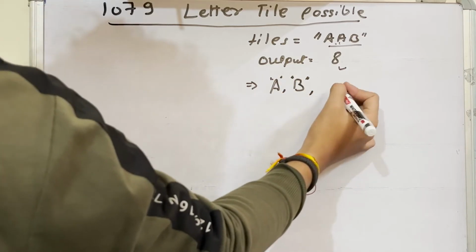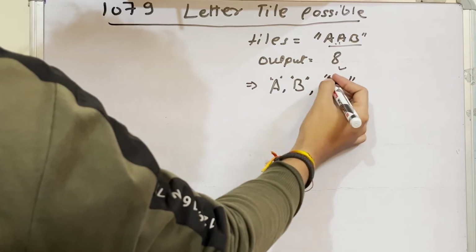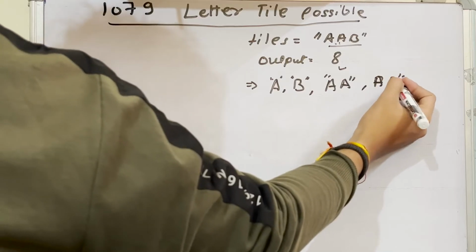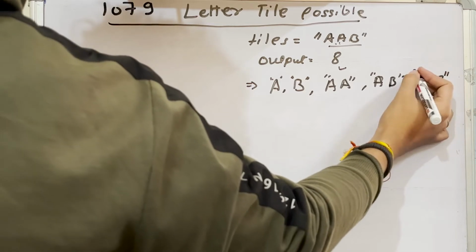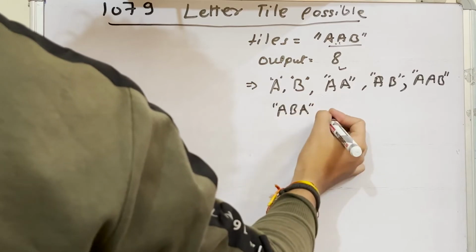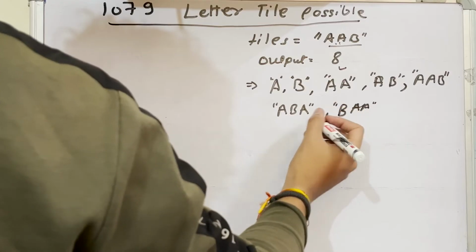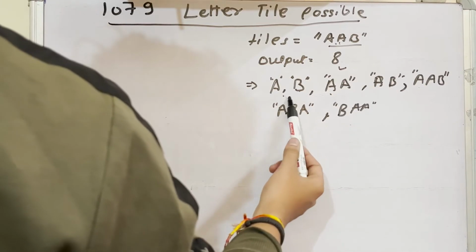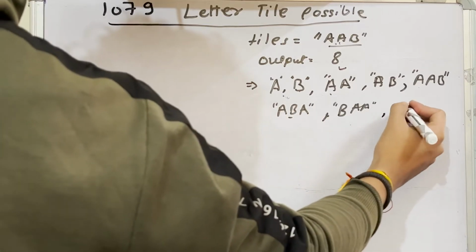The second one, third will be A, then B, A, B. Then it can be A, B, the string itself. Then A, B, A. And one more can be possible, B, A. 1, 2, 3, 4, 5, 6, 7. One more is possible, BA.